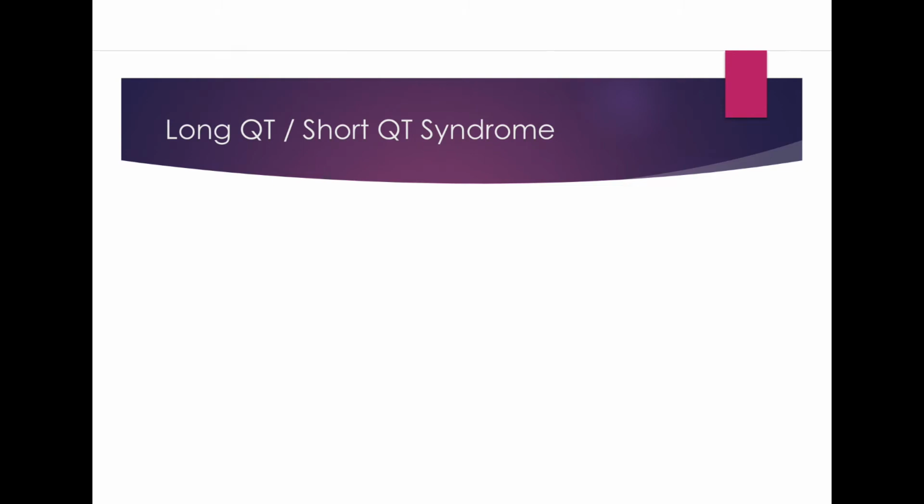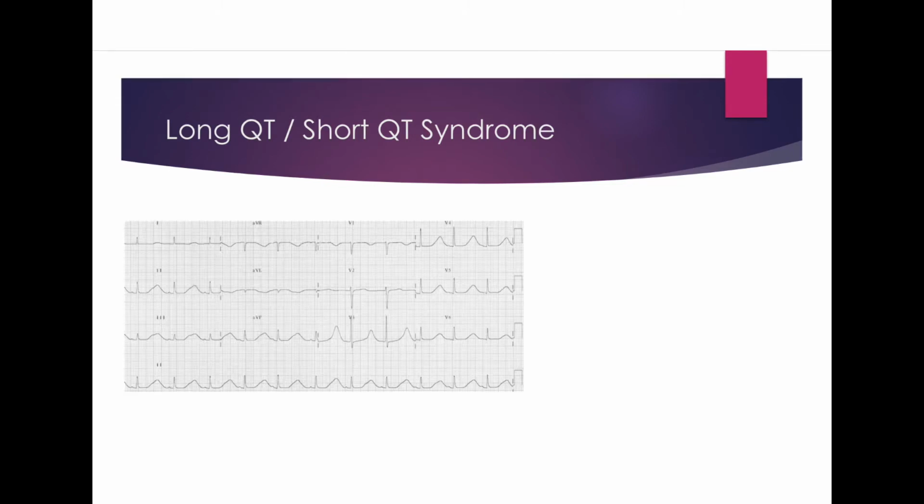The long or short QT syndrome is associated with severe ventricular tachyarrhythmias and should not be missed. In this ECG, it's roughly normal, except for the fact that the T wave is occurring almost right before the following QRS complex.